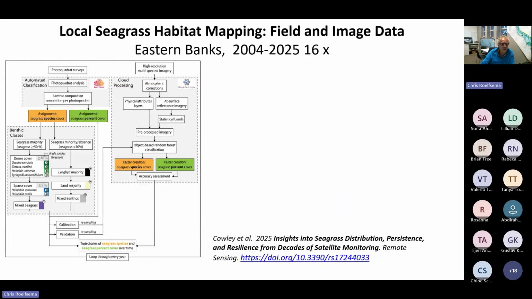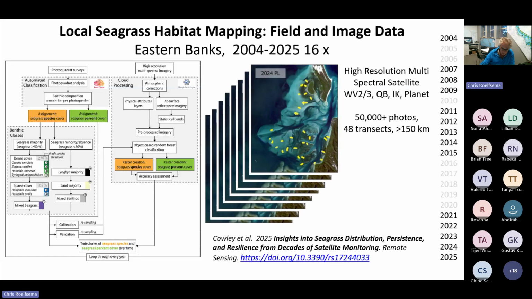Dylan Cowley used those field data sets together with the image data sets through a complex processing routine, together with David Carrasco, to create this composition of seagrass maps. Here you can see the different dates over time where we collected imagery and field data as well. Something to highlight is that over the last 5 years or so, we were always able to capture the same type of imagery because of the great coverage of Planet data.